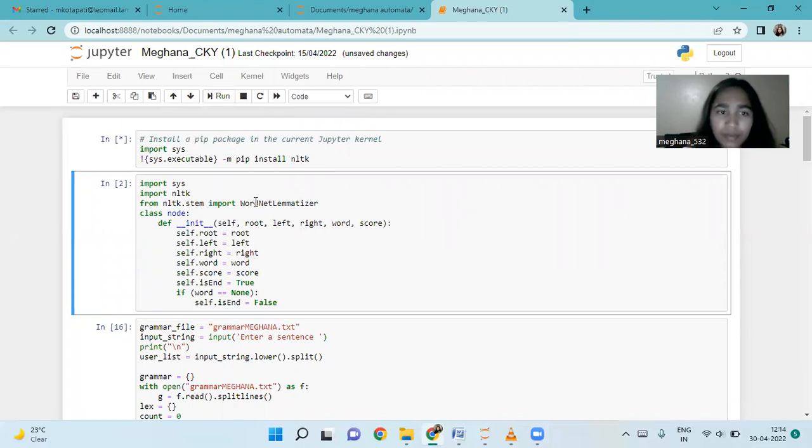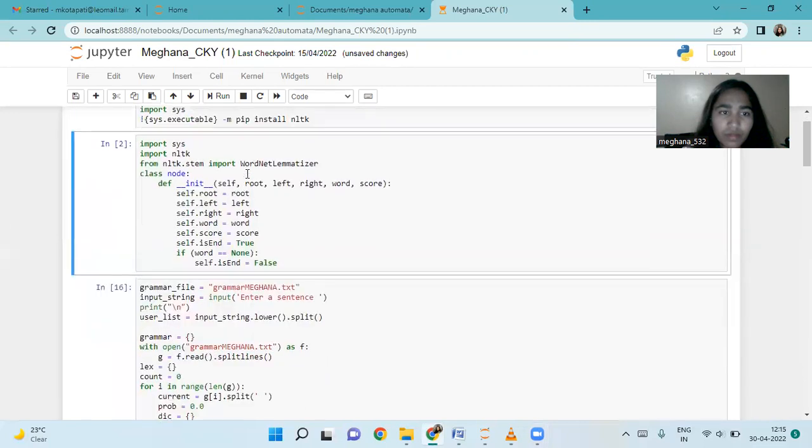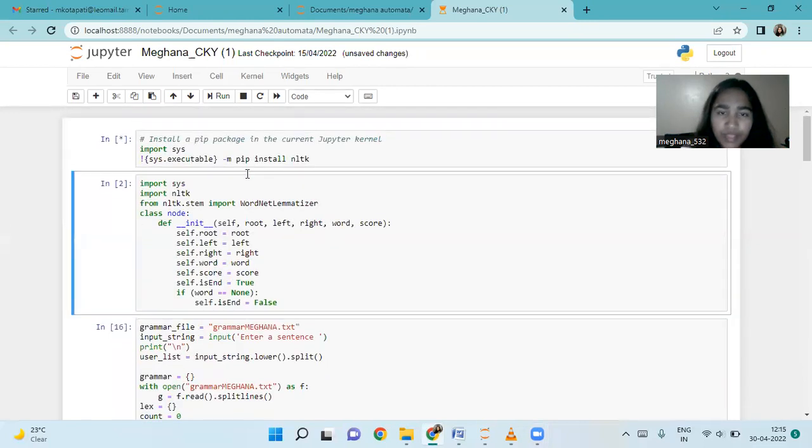All the grammar we have considered, in the correct format, I've saved in this grammar file, and we will give this as the input to this code. I'll show you the execution for the 4 invalid sentences I have taken. We will look at the outputs.